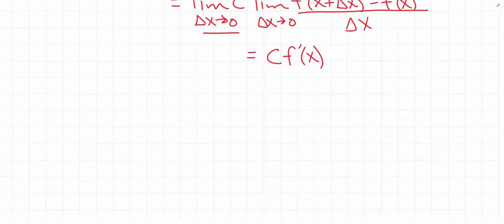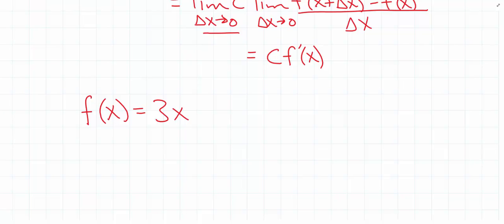Now, something else I want to point out, think about if you had just f of x equals 3x. Remember that when we talk about a derivative, we're talking about the slope of a tangent. If you look at that function right there, it's not hard to find the slope of the tangent, right?